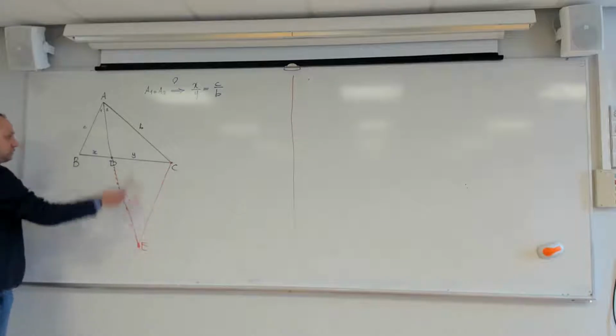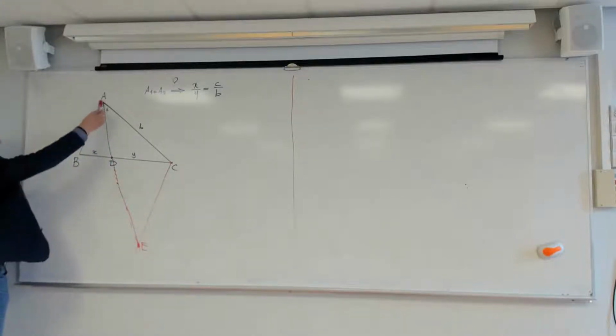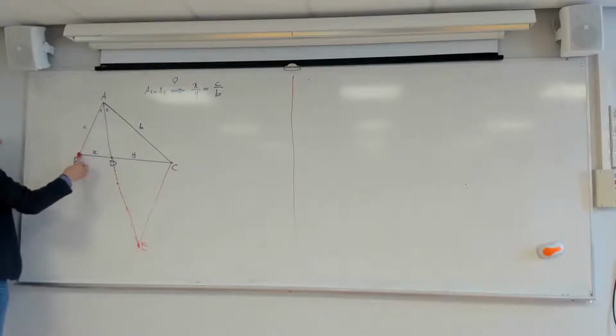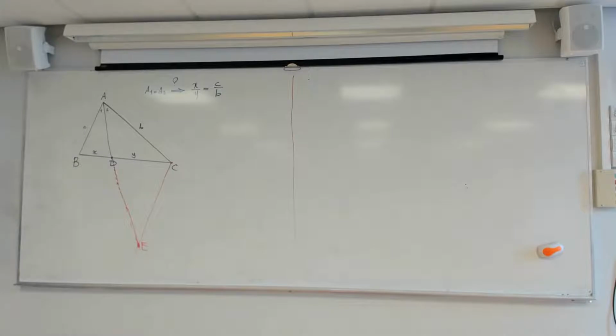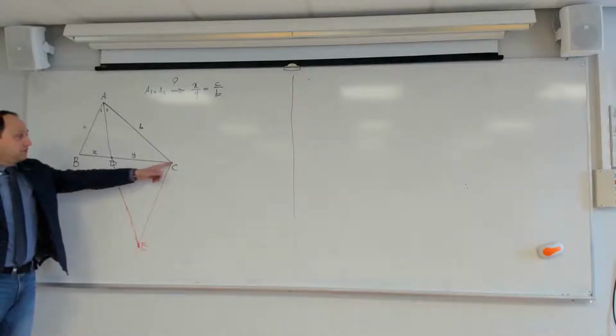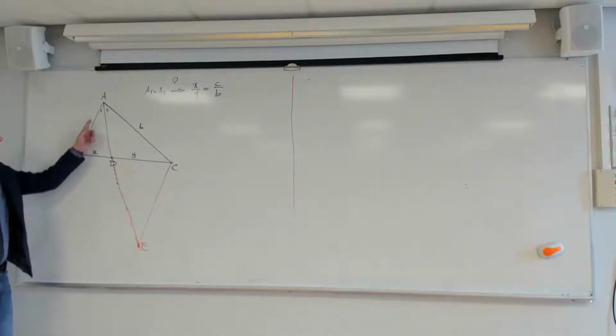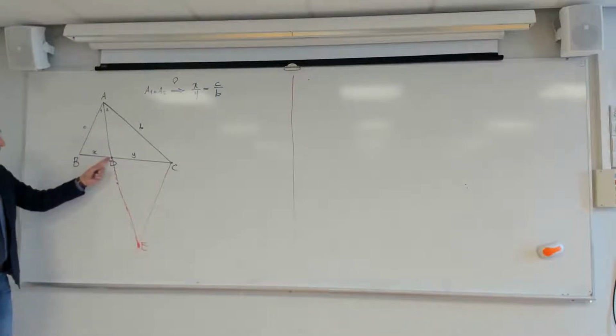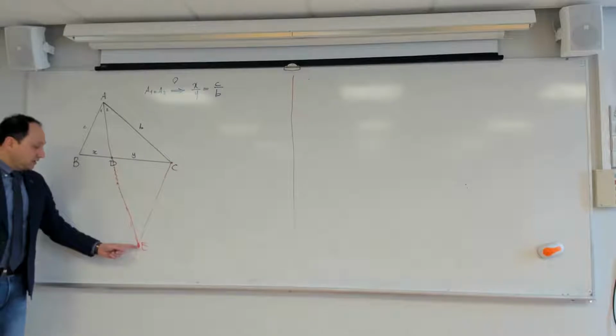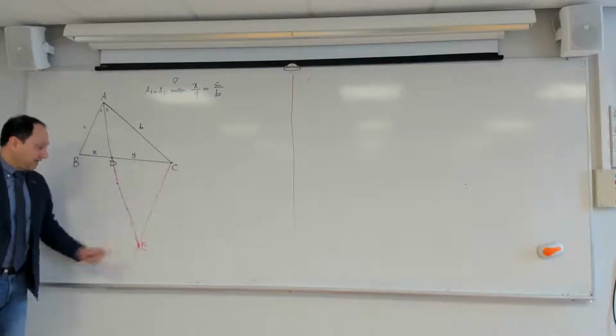Yes, because these two lines are parallel, and because this line is intersecting one of these, it will also definitely intersect the other. So you need to, in principle, write these things. You should say that we draw a line from point C parallel to side AB, and we continue the bisector from side D so that it will intersect this parallel line at E.